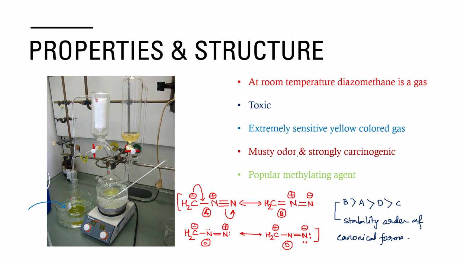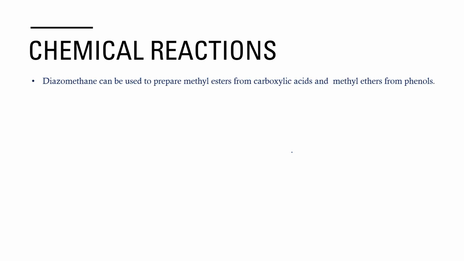So let's move ahead and let's start with the chemical properties. सबसे common chemical property इनकी क्या होती है कि they are being utilized to prepare methyl esters from carboxylic acids and methyl ethers from phenols. इसमें हम alcohol का भी reaction include कर सकते हैं, और ये reaction दिखता कैसा है.